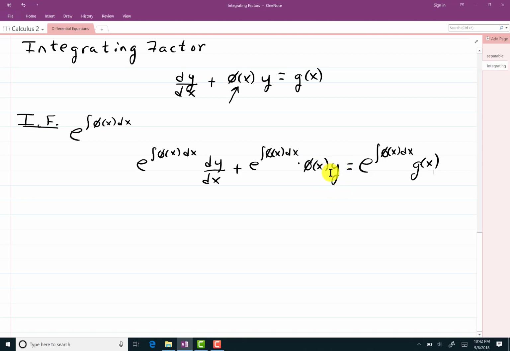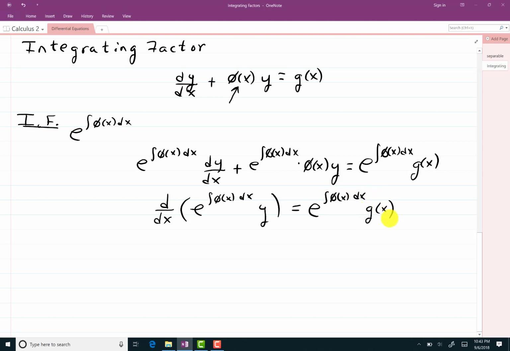That's the product rule in action. I can compress that all to be d over dx of e to the integral of phi of x dx times y equals e to the integral of phi of x dx times g of x.